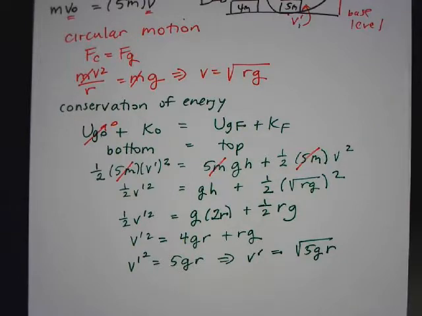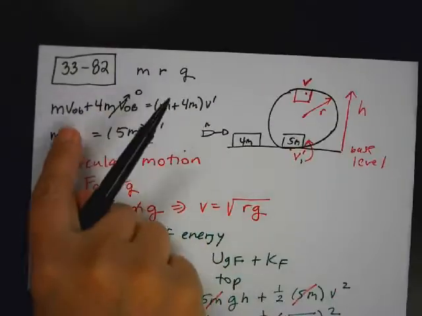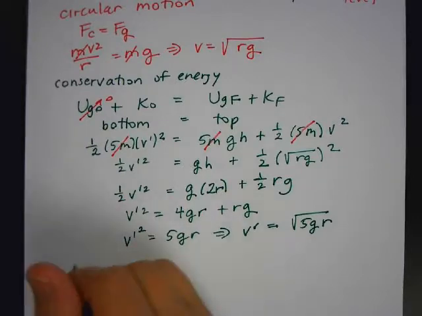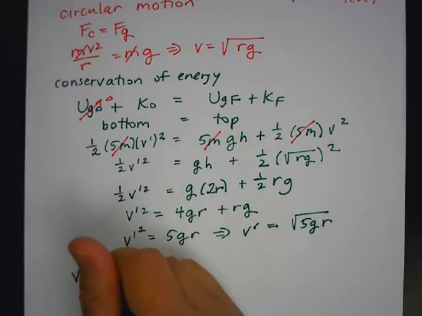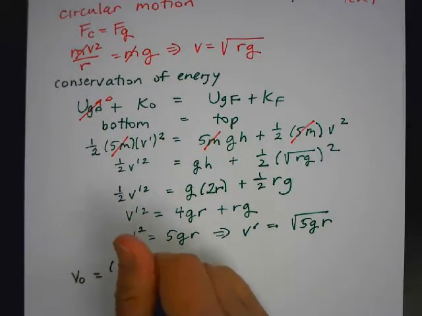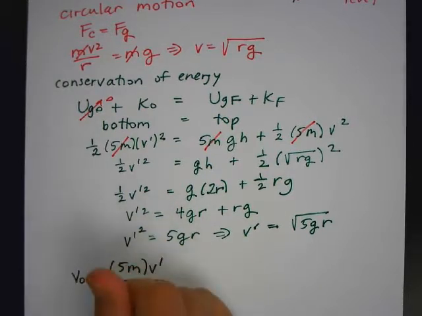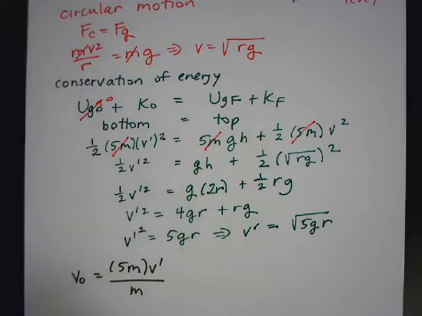But remember, I want to find the initial velocity of the bullet. So now I'm going to go back and use my conservation of momentum here. I'm going to say v naught is equal to 5m times v prime over m. So the m's cancel.